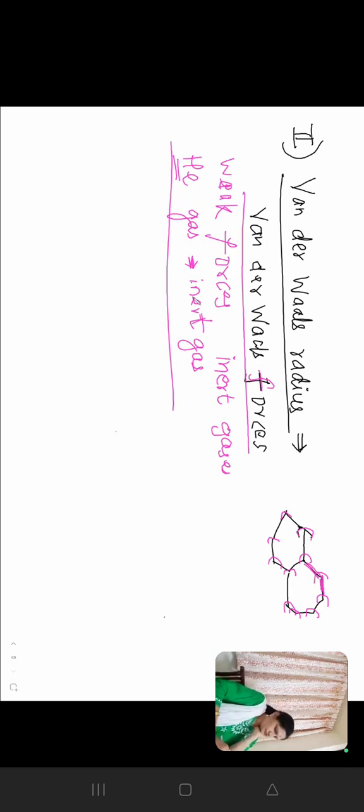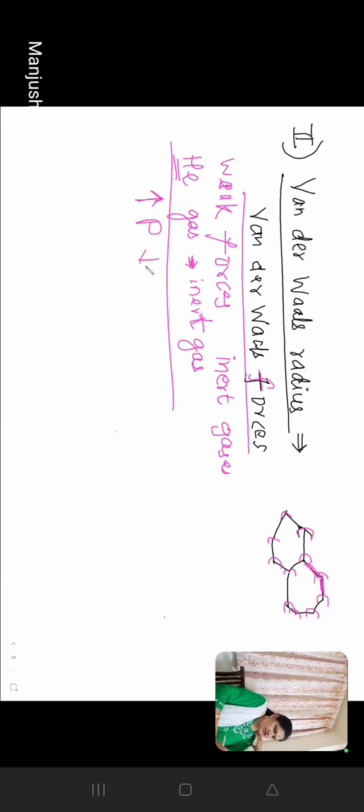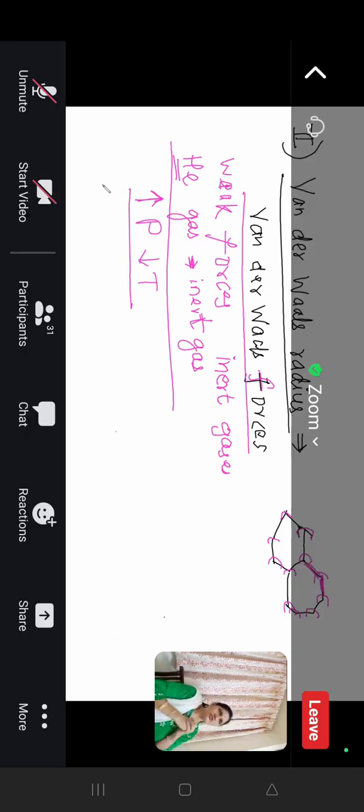Now, when two atoms of helium are close to each other, if we apply pressure, if we increase pressure and decrease temperature, suppose in one container there is helium gas, then if we apply pressure on that, the volume will decrease, and those atoms will come close to each other.